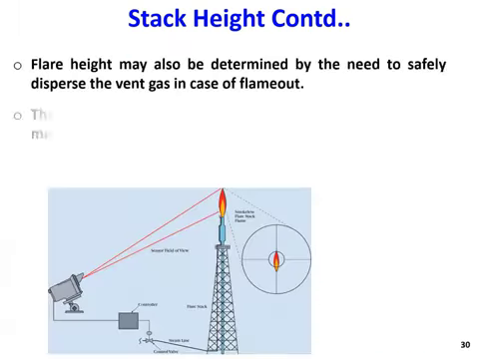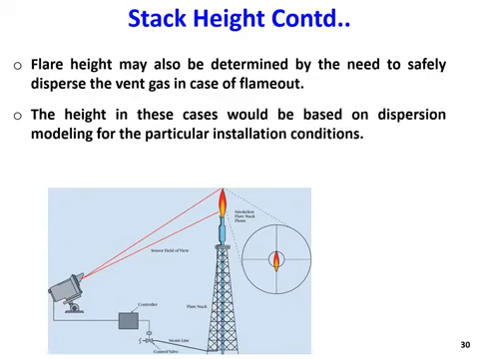Then, another factor, not only the radiation, also the amount of the gas. So the amount of the vent gas. Let's say if we are not burning the gas, we are just sending the gas. We call it a cold vent.